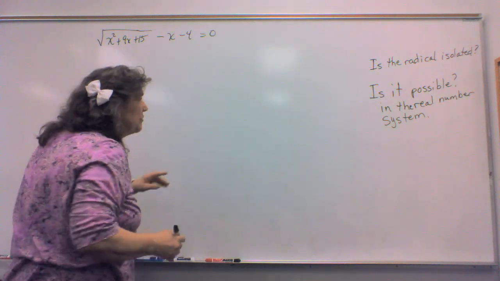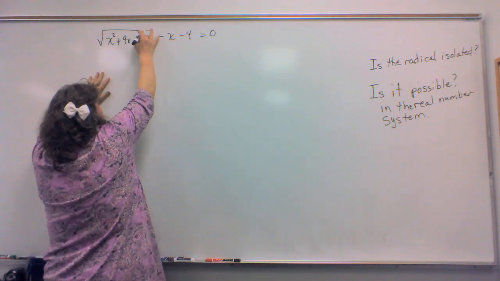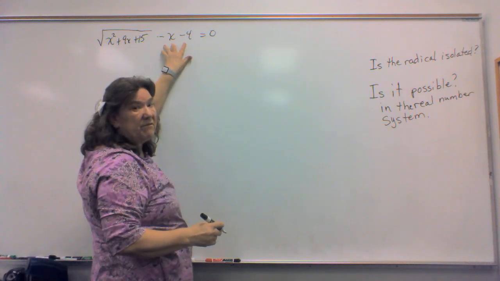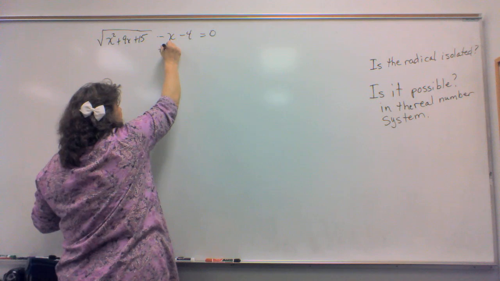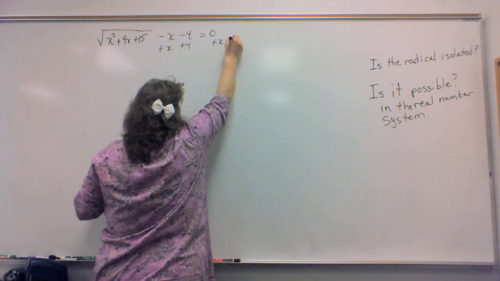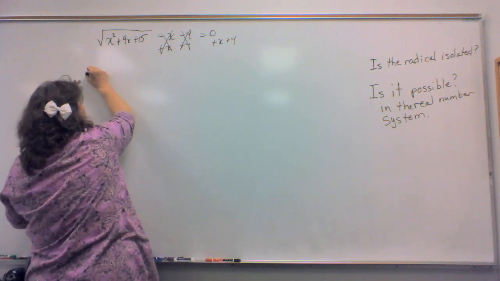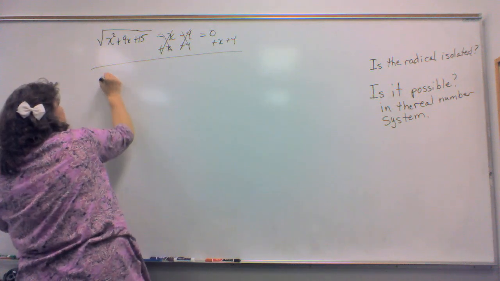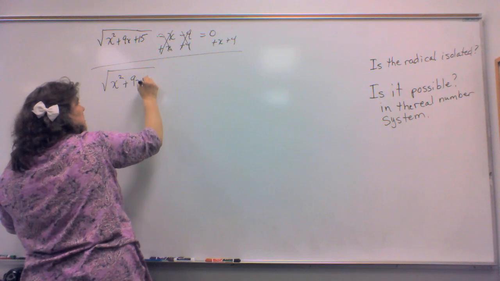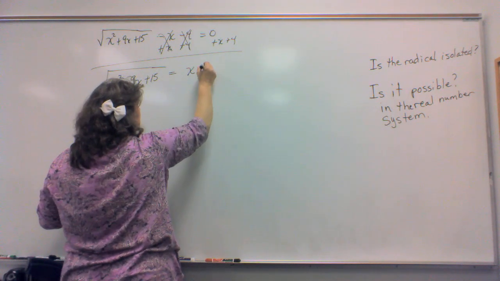Now remember the first question, is your radical isolated? This one, it is not isolated. So the first thing you're going to have to do is eliminate this stuff here. So we're going to add x and add 4 to both sides. That becomes 0. This becomes 0. And you're left with square root of x squared plus 9x plus 15 is equal to x plus 4.